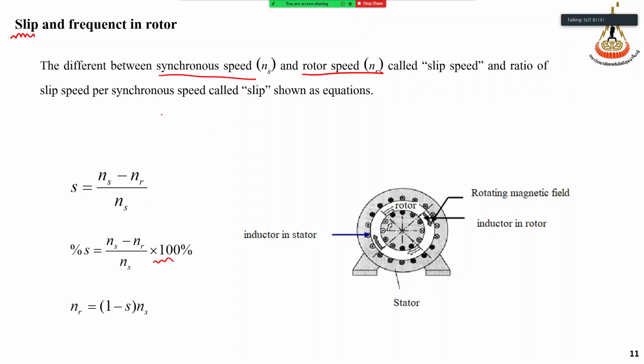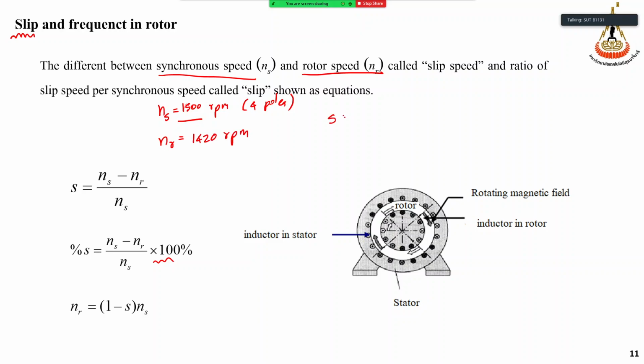Okay, for example, if Ns is 1500 rpm, that is maybe a 4-pole motor, right? We can guess from this that it is a 4-pole motor, and the motor is operating under the condition that Nr is 1420 rpm.